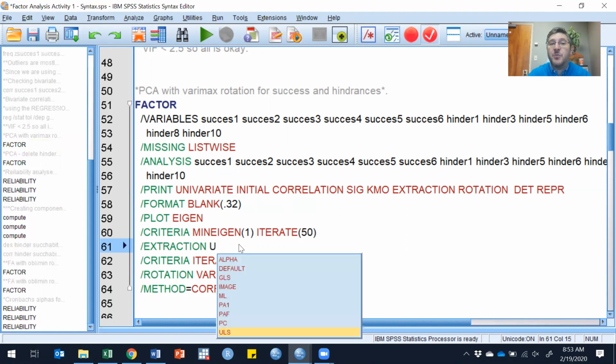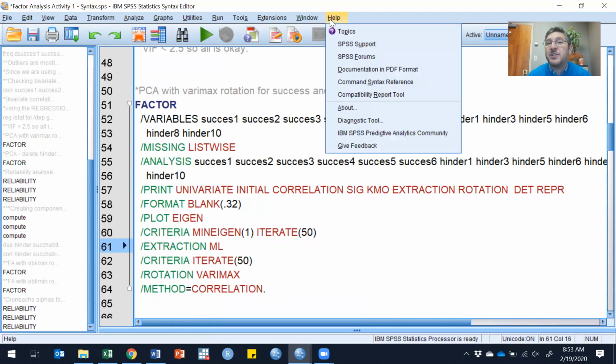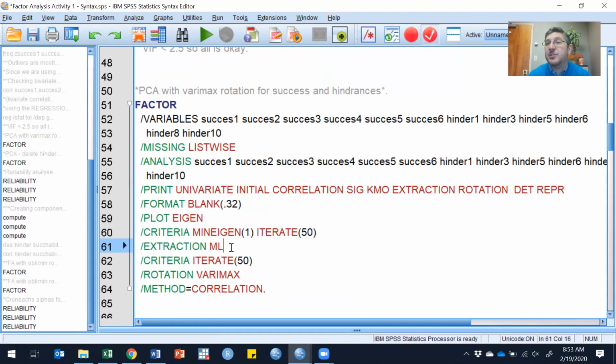There's also unweighted least squares, another popular factor analysis extraction method. There's also maximum likelihood. Refer to the command syntax reference guide here for more details on the different extraction methods available in SPSS.